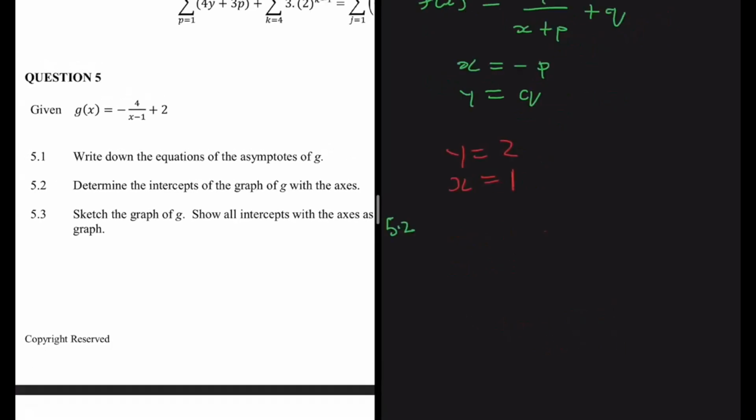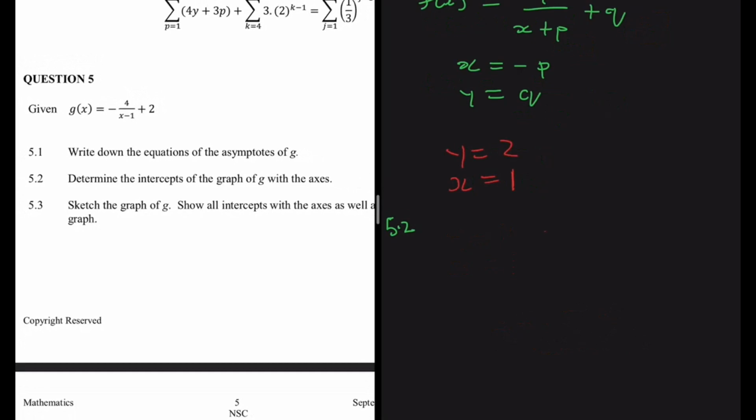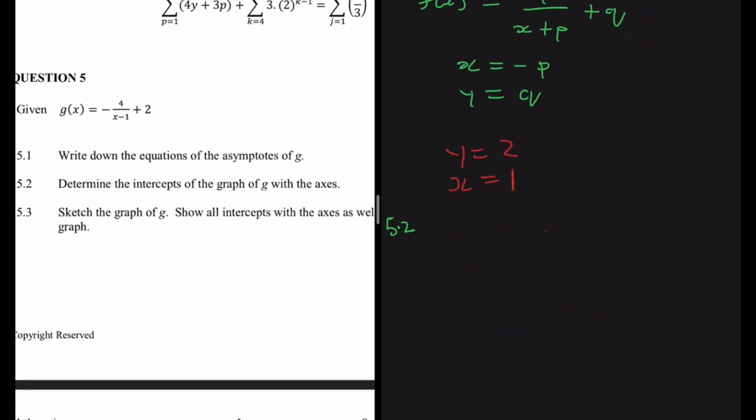5.2 says let's determine the intercepts of the graph of g with the axis, right? So we need the intercepts. We have two intercepts, the y-intercept and the x-intercept. Let's start with the y-intercept. What do we know about the y-intercept?